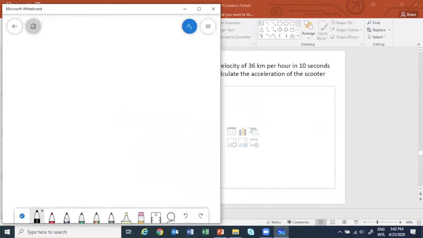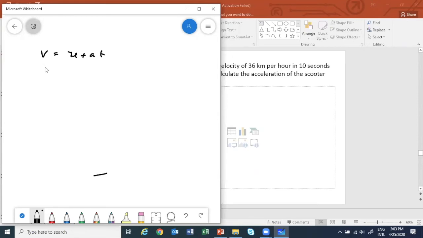So can you tell me what are the equations we learned yesterday? One is v equal to u plus at, right? And what is the second equation?